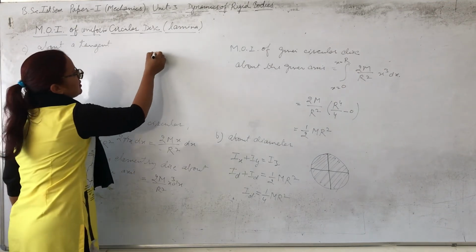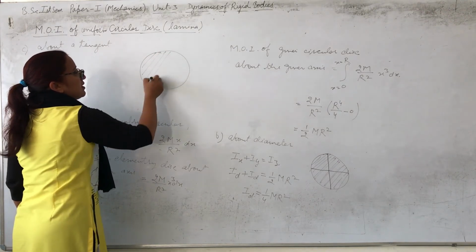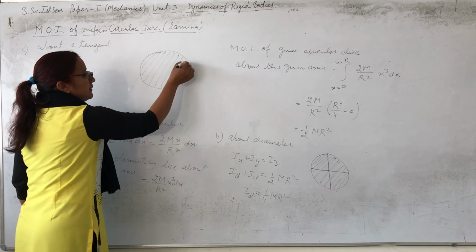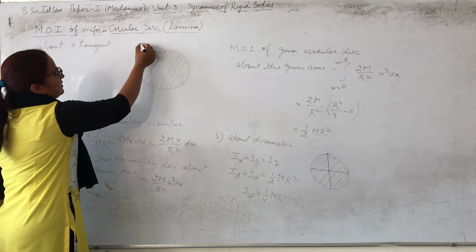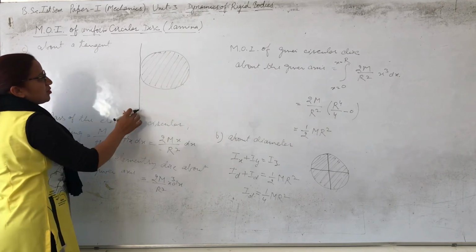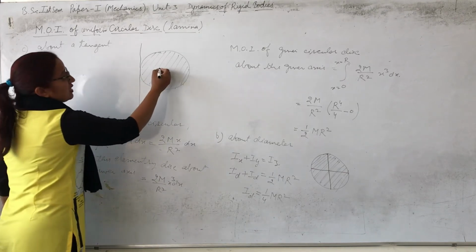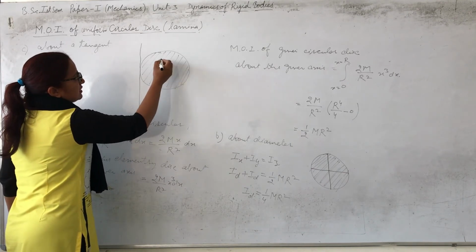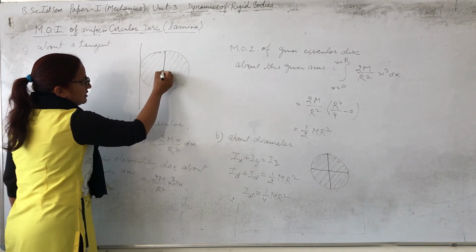So this is the circular disc, the mass is over the entire plane of this circular disc, and let this be a tangent about which we want to calculate the moment of inertia of this circular disc. As this is the center, let this be the diameter.